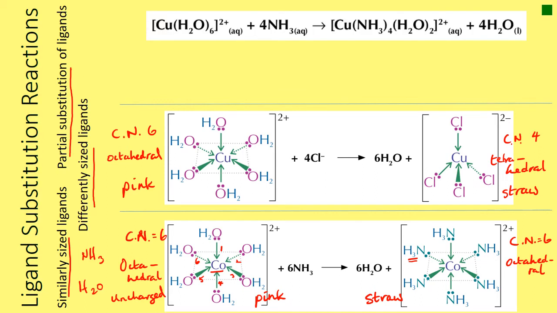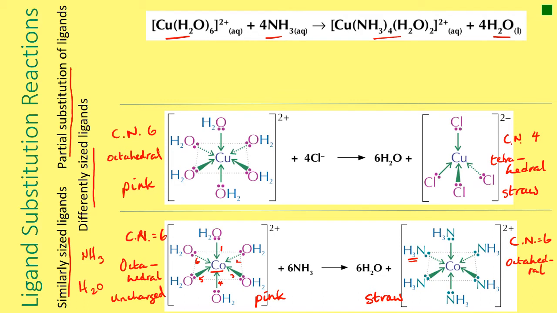So an example of that would be this reaction here, where on the left we've got a copper aqua complex with 6 water ligands, and we've added ammonia to that, and you're going to get a complex that's got a mixture of 4 ammonia and 2 water ligands, and the 4 water molecules that have been displaced by the 4 ammonia molecules appear on their own over here. So that's our example.